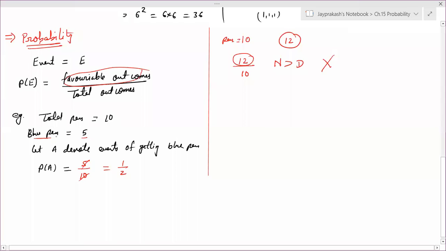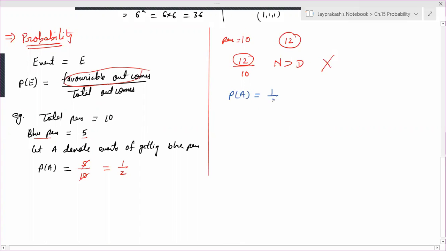Now in this case, if I talk about the blue pen, the probability of getting a blue pen is 1/2. If the probability of the favorable outcome is denoted by P of A, then not getting the blue pen is denoted by P of A bar.